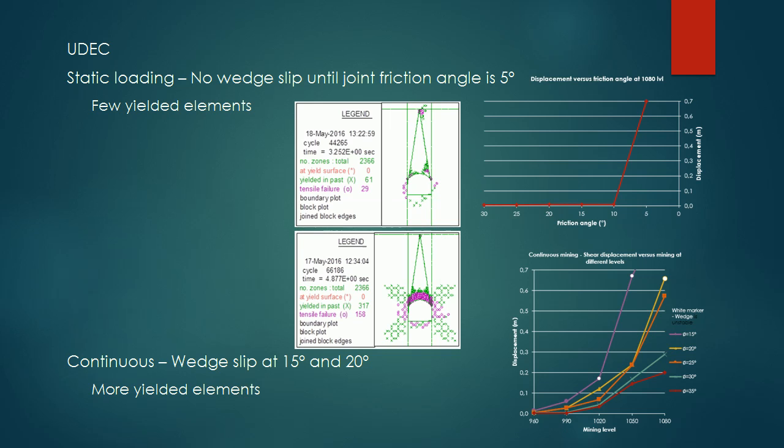It started to occur when joint friction angle had been reduced to 20 degrees on the 1080 meter level, and it also occurred on the 1020 meter level when the joint friction angle had been reduced to 15. As you can see on the pictures in the middle, there are also a lot more yielded elements around the opening for the continuous model, which is the bottom model.